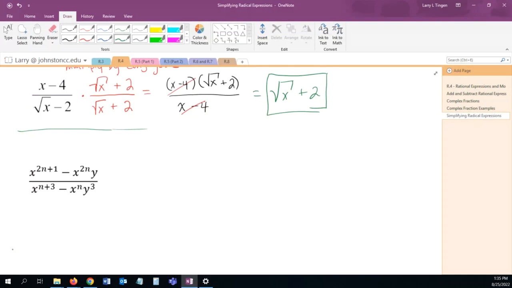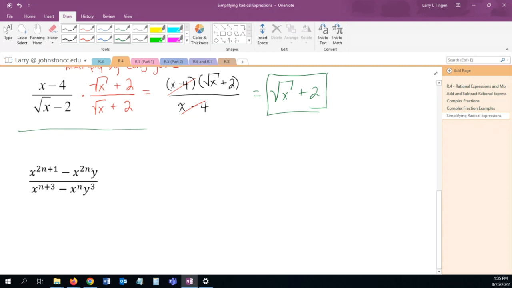If it was just x in the denominator, then you cannot divide it. It would just be quantity x minus 4 times quantity root x plus 2, closed quantity, all divided by x. And that's all you can do with it. Okay.